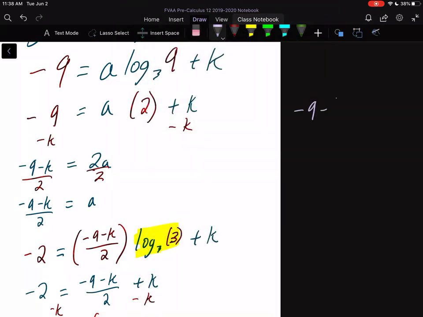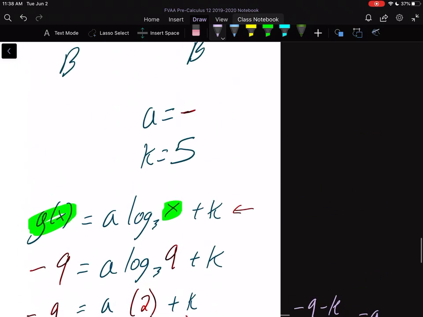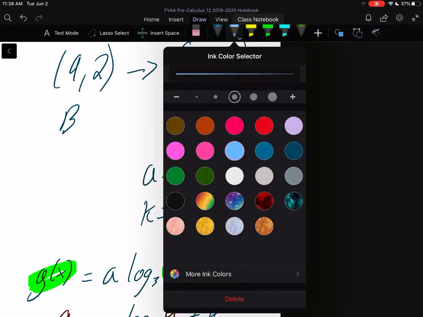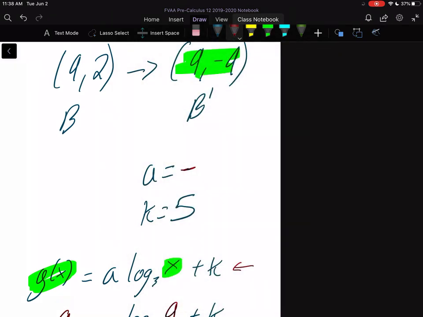So (-9 minus k) over 2 is equal to a. Negative 9, substitute what I know k is equal to there, over 2 is equal to a. So negative 9 minus 5 is negative 14, divided by 2 is negative 7, is equal to a. And we expected a negative value, right? Based on our graph, we expected there to be a vertical reflection. And then that would be our solution right there.